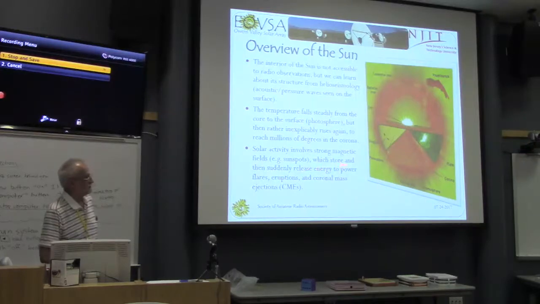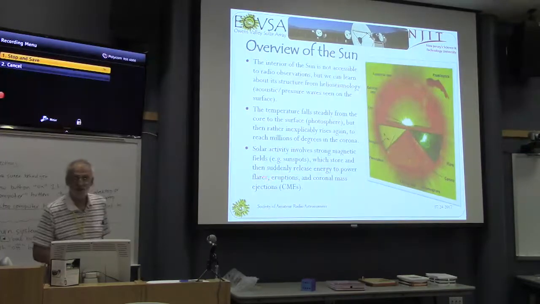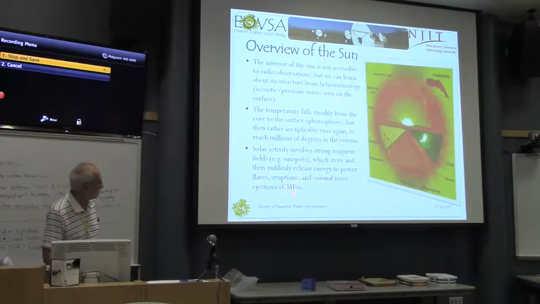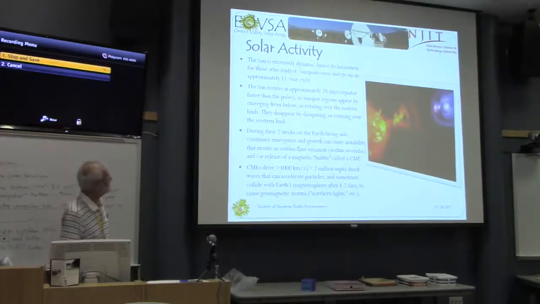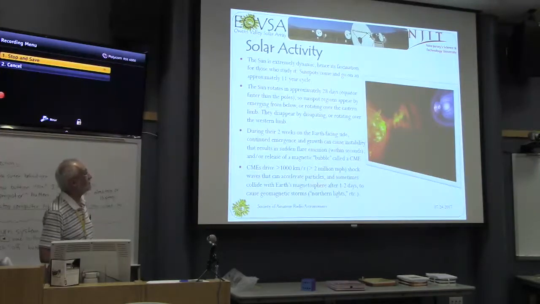And that sudden release of energy can power solar flares, various kinds of eruptions, and coronal mass ejections, which we abbreviate as CME. I'm sure many of you have heard that term. So the sun is extremely dynamic, and that's why it's so fascinating to study.